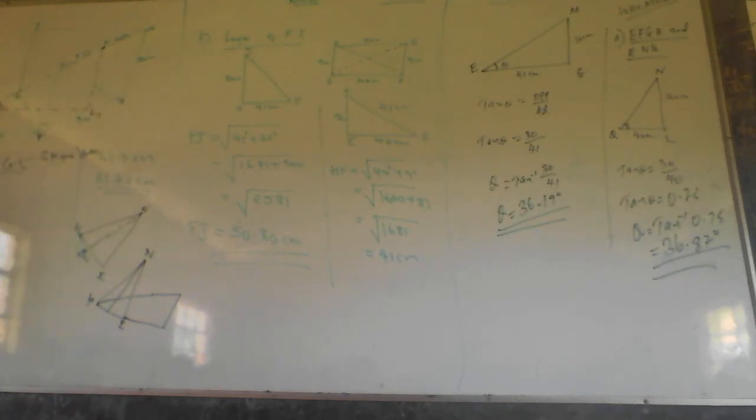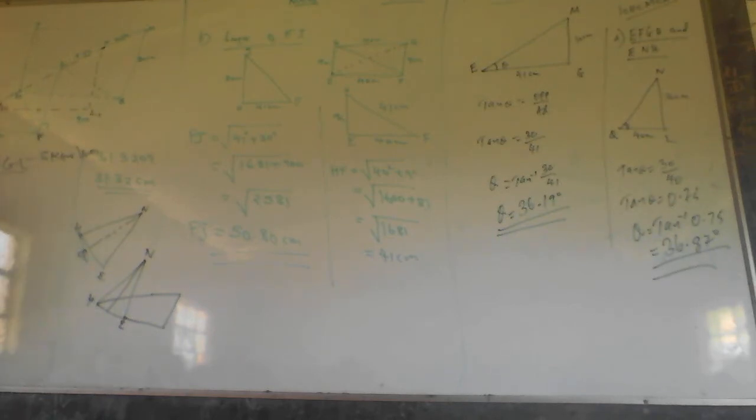Our EH is the same as FG. Translating it means you move it so that it will fit somewhere. So if we translate it, it will exactly fit here. So we'll be having a line that is moving like this.